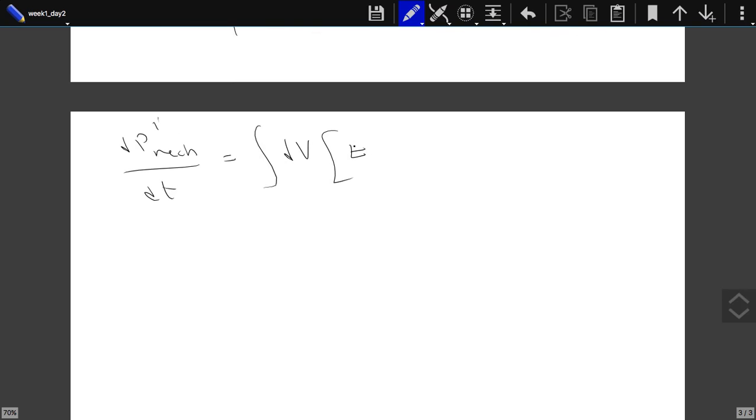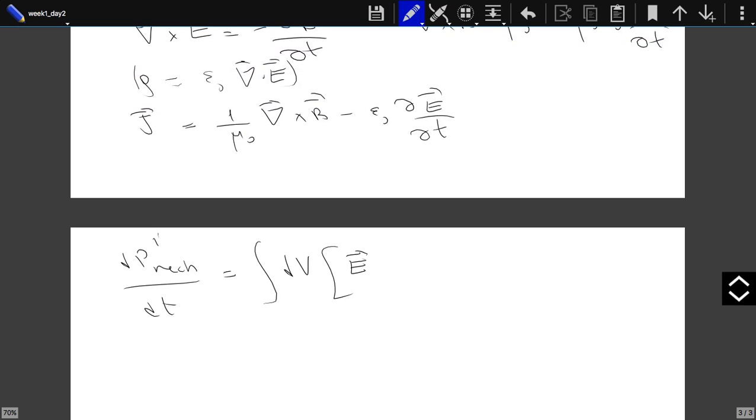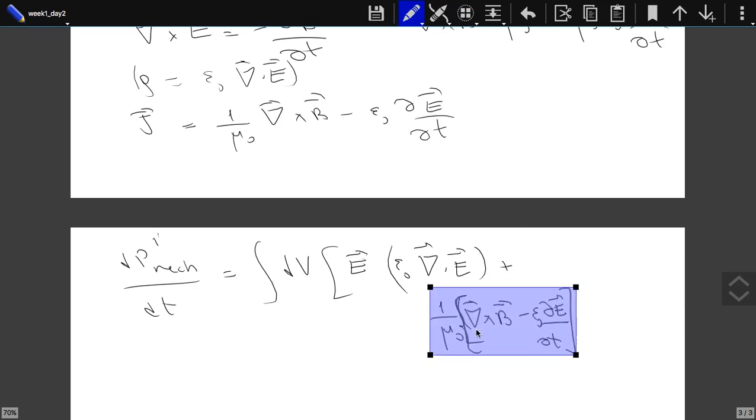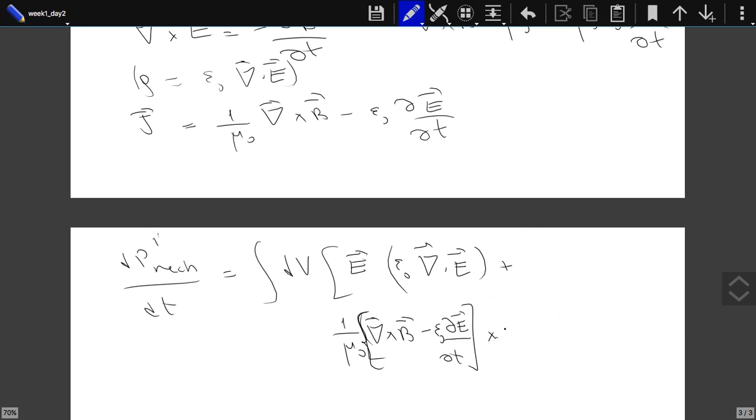The volume integral dV of E times rho, where rho is epsilon 0 times the divergence of the electric field, plus J, which is 1 over mu 0 curl of B minus epsilon 0 dE by dt, cross B.